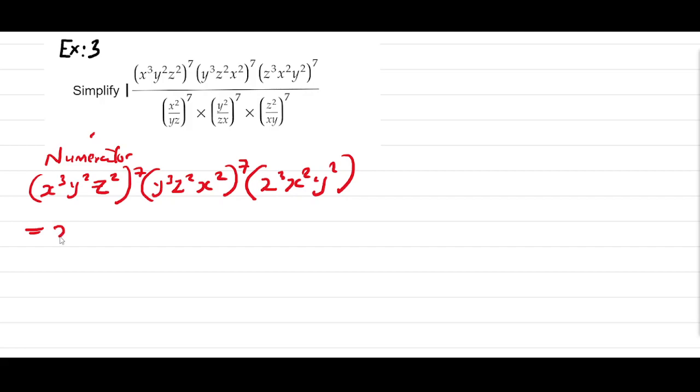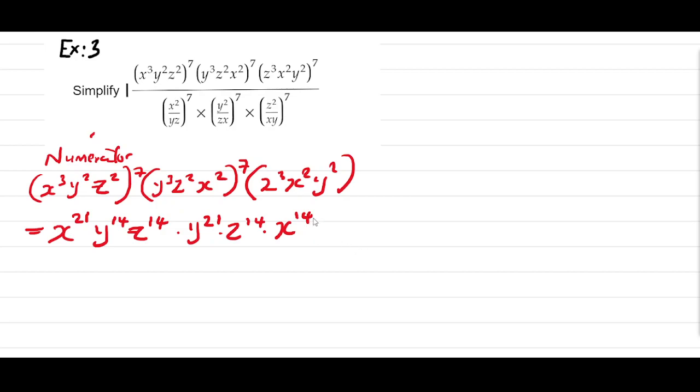So this is x to the power of 21, y to the power of 14, z to the power of 14. And then we still have y to the power of 21, z to the power of 14, x to the power of 14.